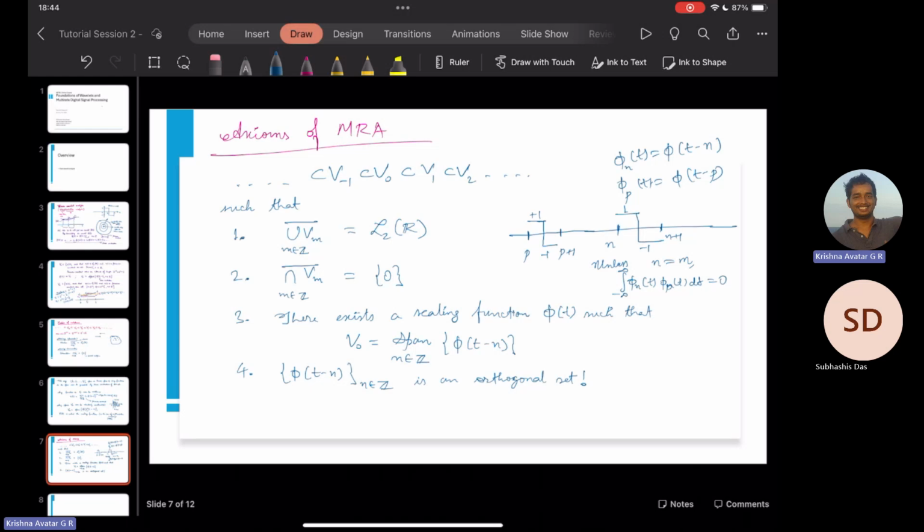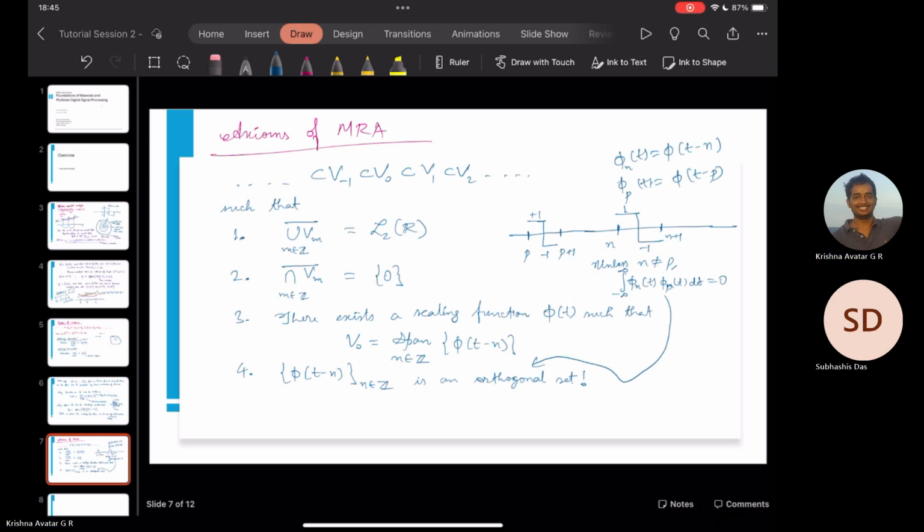So this will always hold when n is not equal to p. Sorry, I just keep on making this mistake. Only when n is equal to p will this integral have a non-zero value. And this is called the orthogonality condition, right?